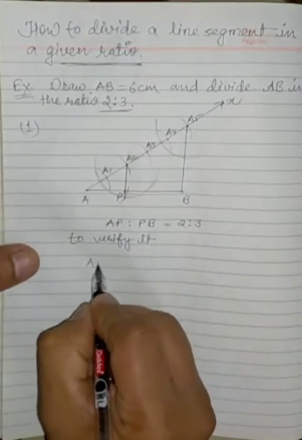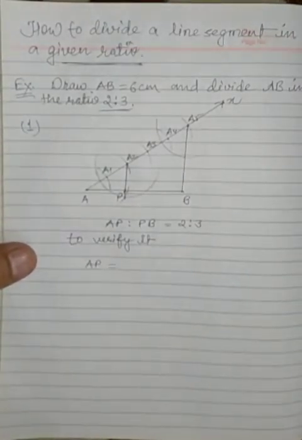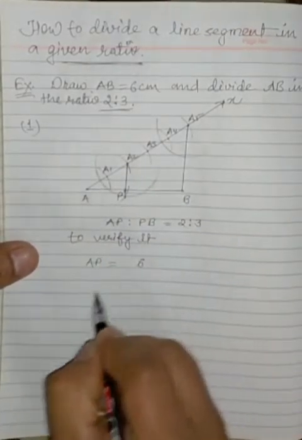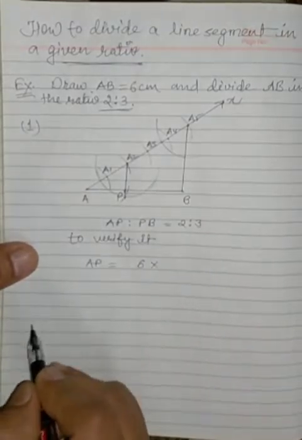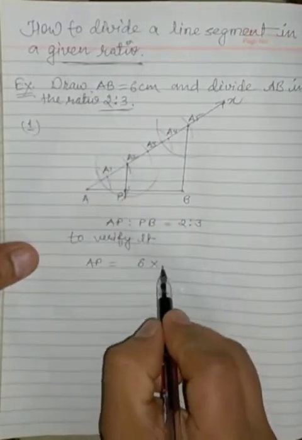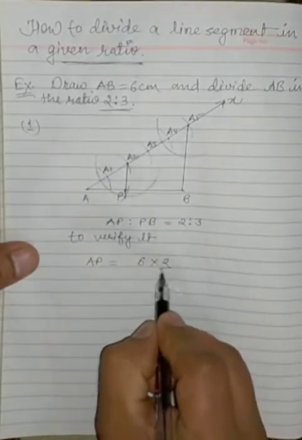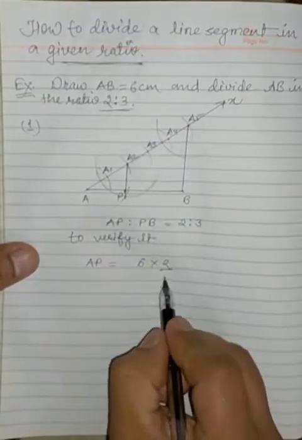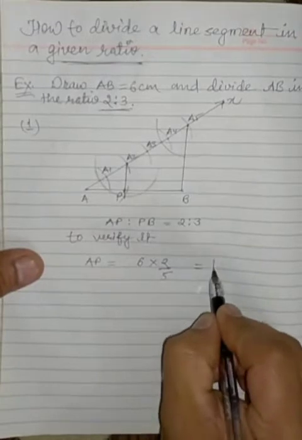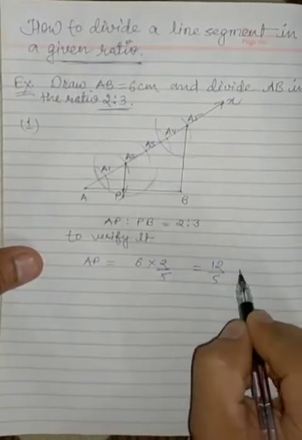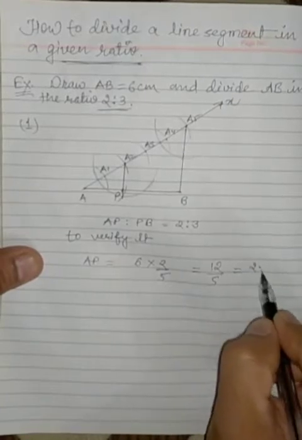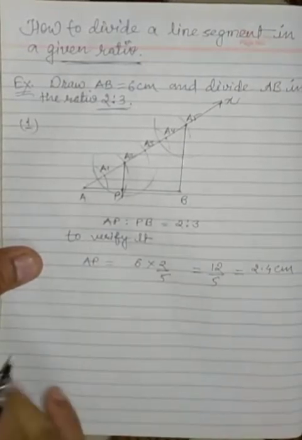So here AP is equal to the length of the full side AB, which is 6, multiplied by the part AP, which is 2, divided by the sum of the parts, 5. That is 6 times 2, 12, divided by 5, which is equal to 2.4 centimeters.